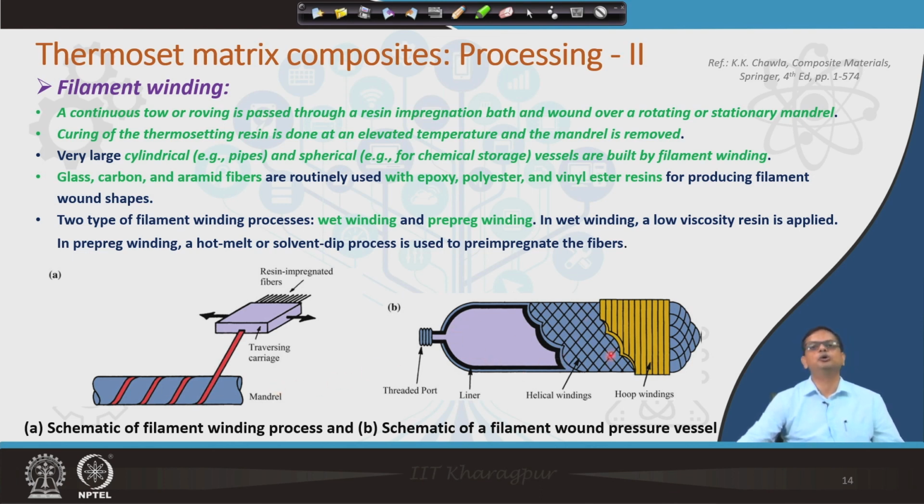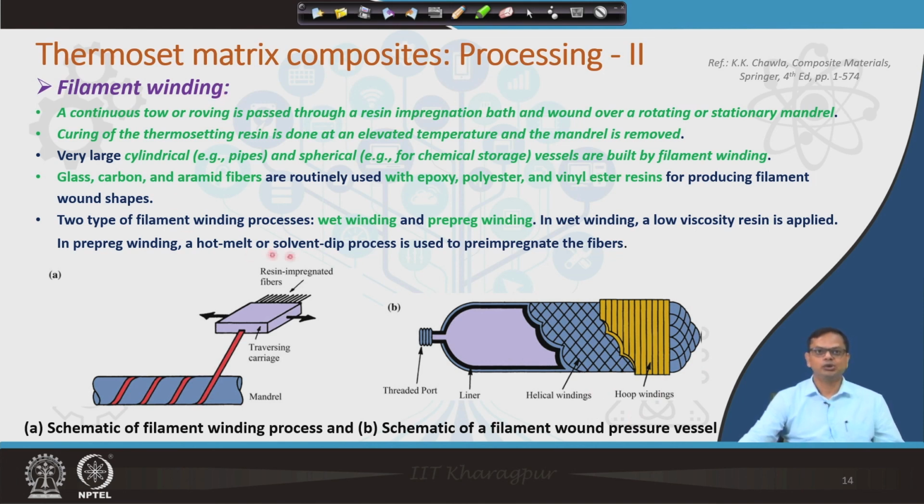Then you have a hollow cylinder or a hollow tube or hollow pipe, which is made of this, and these fibers are generally glass fibers. It could be other fibers also, like Kevlar fibers. But ultimately you get these cylindrical or pipe structures, and that is the process of filament winding.